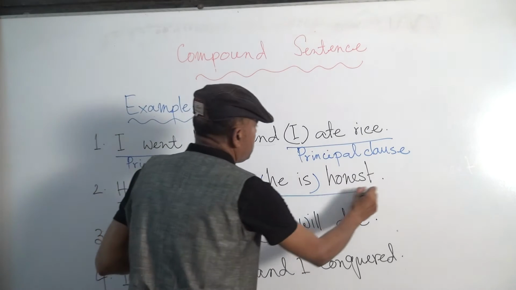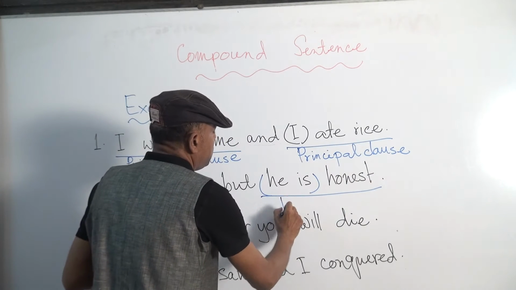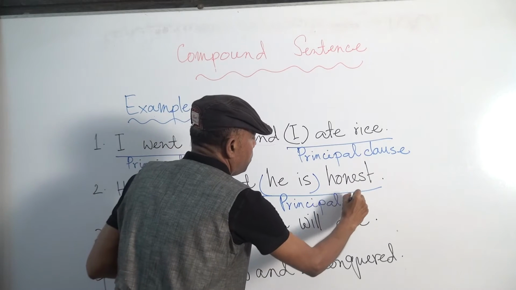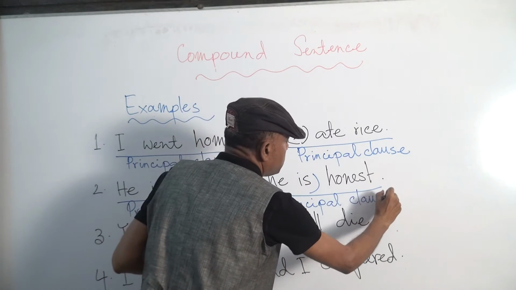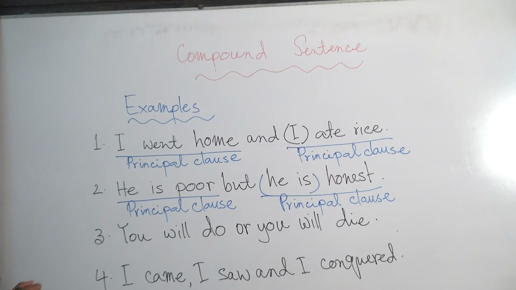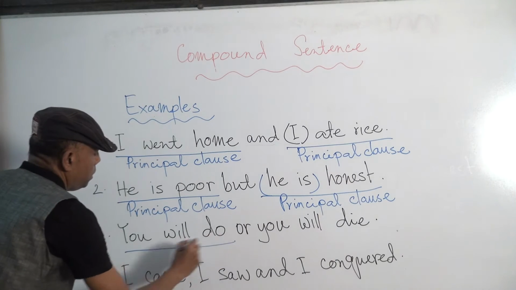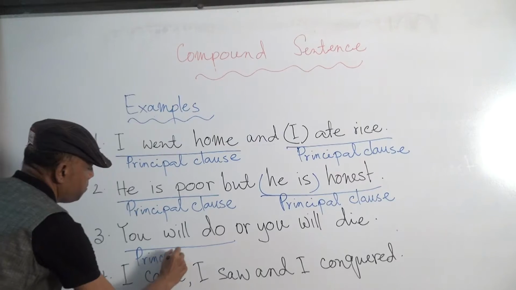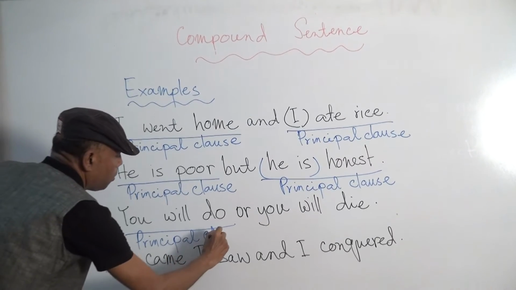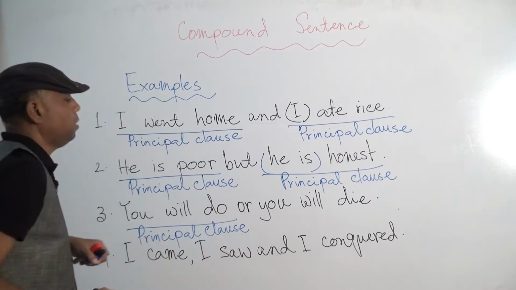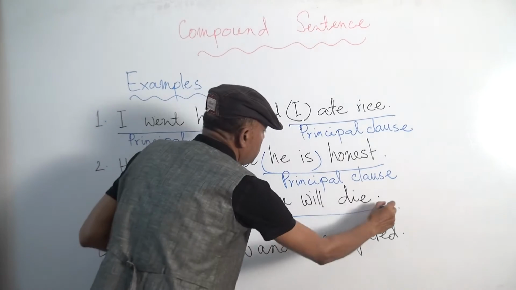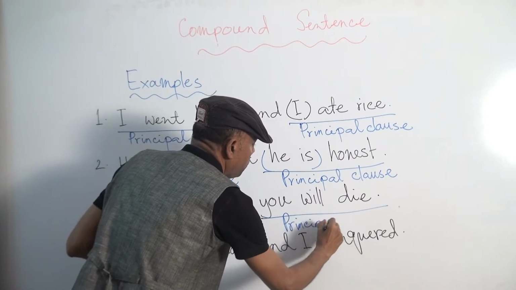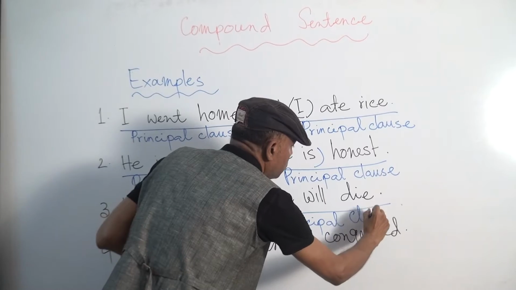You will do is a principal clause. You will die is also a principal clause.